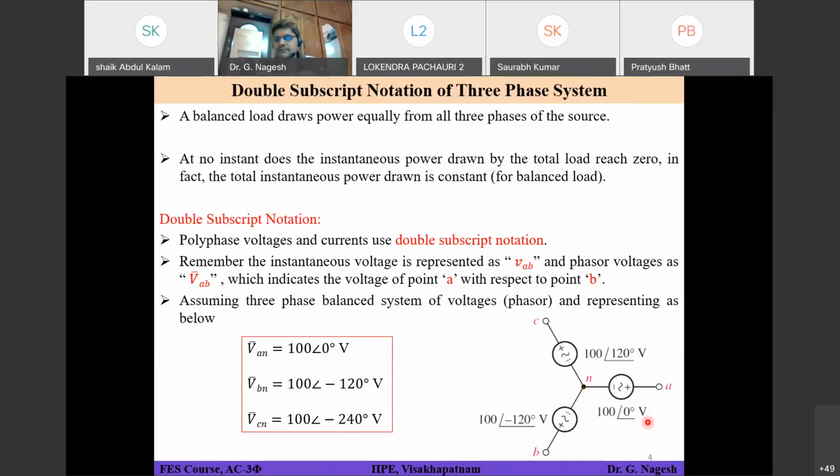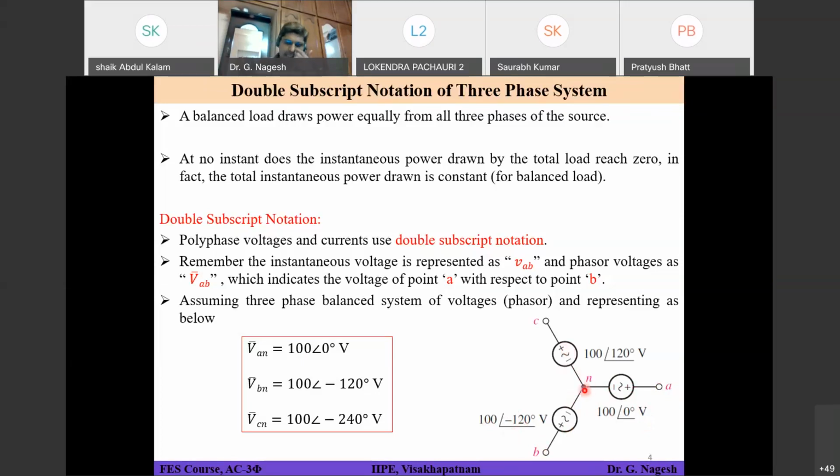This is a phasor voltage, that means the voltage difference represented in terms of phasor value, 100 at an angle of 0 degrees. Right. So how to represent VBN? Same thing, minus 120. And VCN is plus 120.